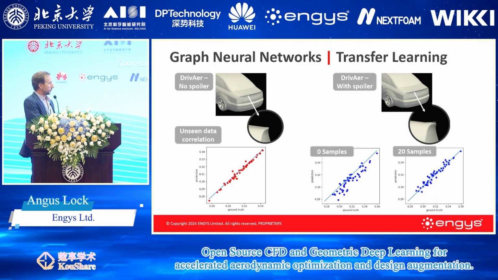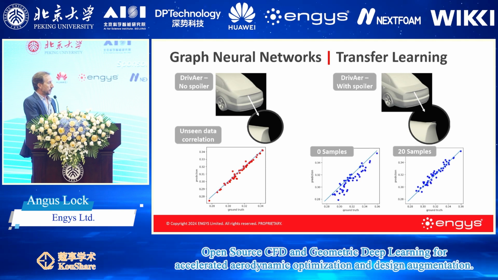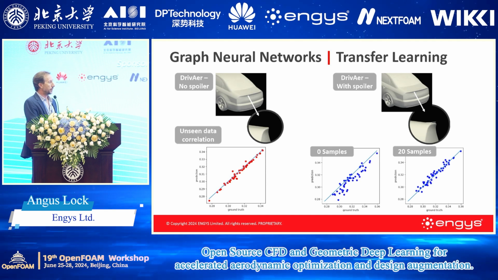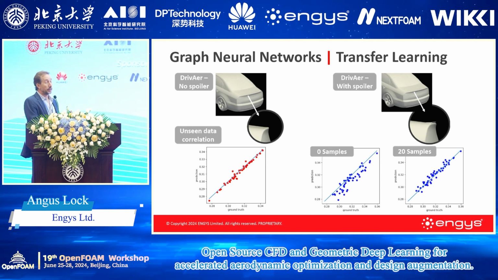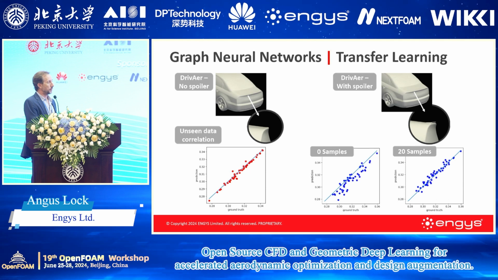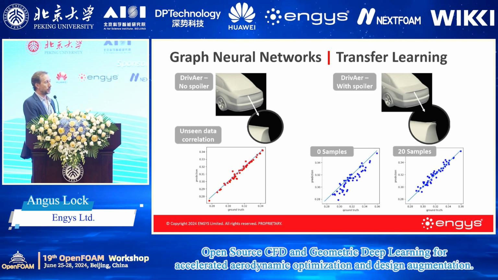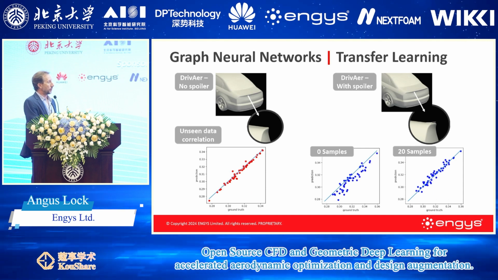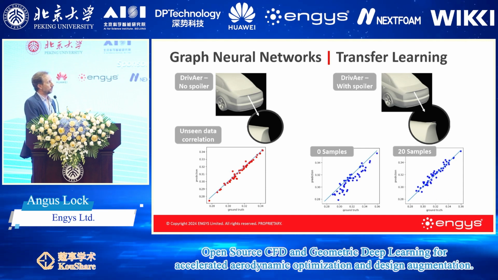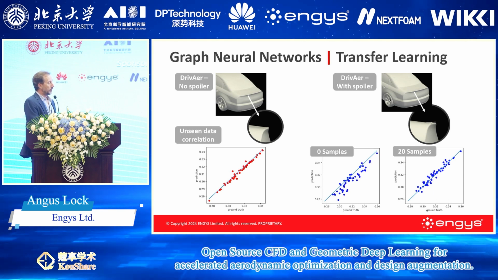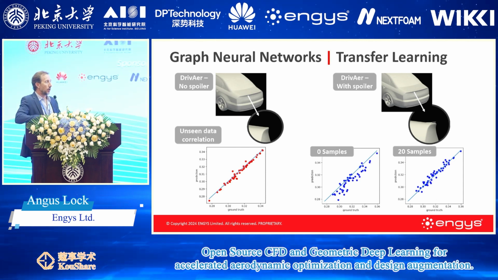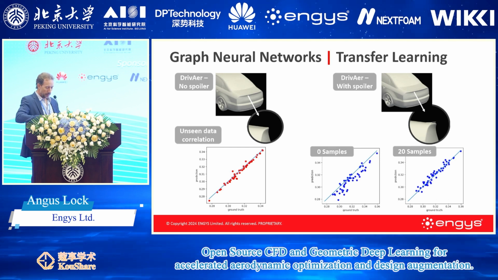So the initial prediction is very good. It collapses onto this line, typically within 1% to 2%. And then when we introduce a new object, in this case, a spoiler on the rear of the vehicle, it can still predict, and it gives decent results, but the prediction error is larger, up to 10%, for example. But then with a relatively small number of transfer learning samples, we can collapse that data back down towards the line and improve the predictions closer to where they were for the baseline case.